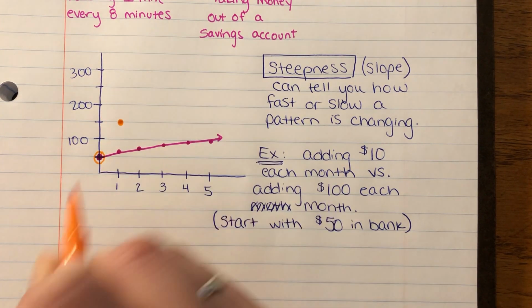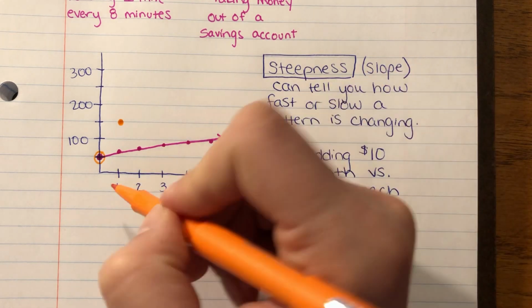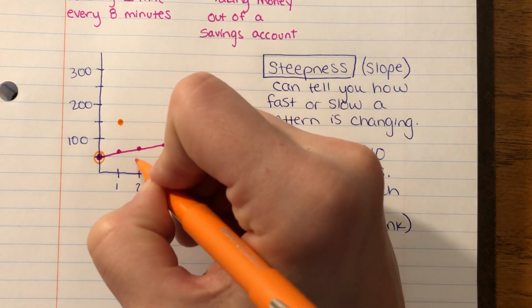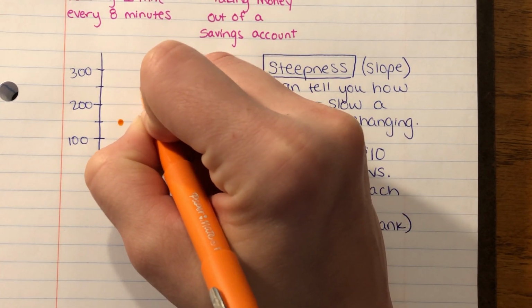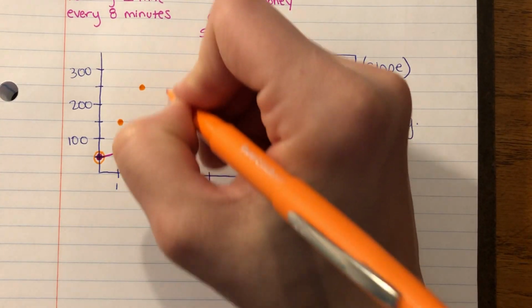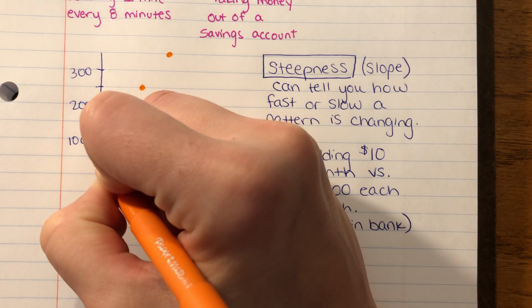So I put a dot right here at $150. One month later, I've added another $100. So I go all the way up here. Now I've got $250. A month later, I'll end up with $350. Quickly run out of space on my graph to keep going.